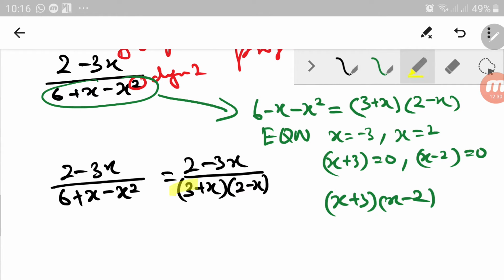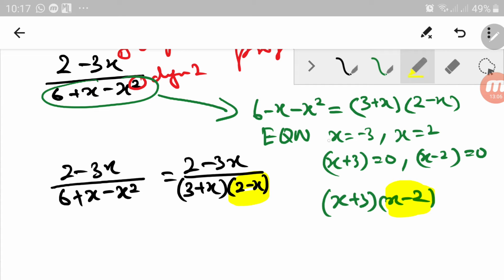Now, do you notice what is the difference? Maybe you need to pause the video to take some time to notice the difference. Now let me tell you what the difference is. The difference is over here. This mistake is very common. That is why I chose this very question.